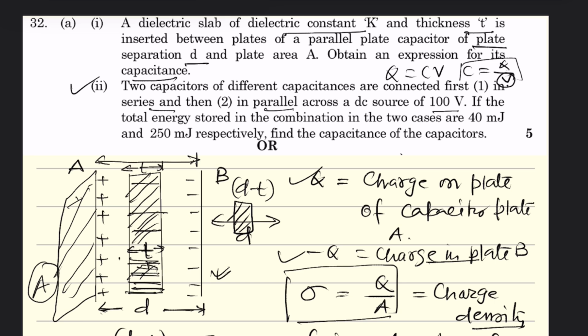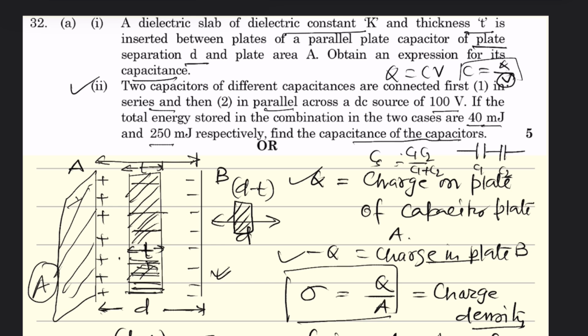If the total energy stored in the combination in the two cases is 40 millijoule and 250 millijoule respectively, find the capacitances of the capacitors. So two capacitors are connected in series. Suppose this capacitor is C1 and this is C2. When they are connected in series, what is the equivalent capacitance? C1 C2 by C1 plus C2.